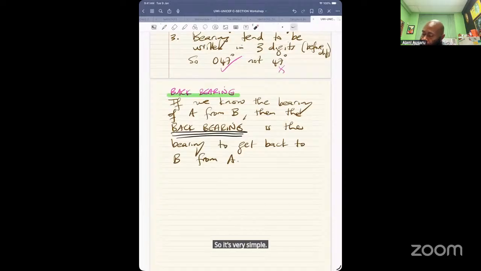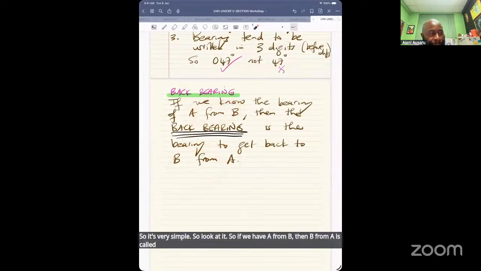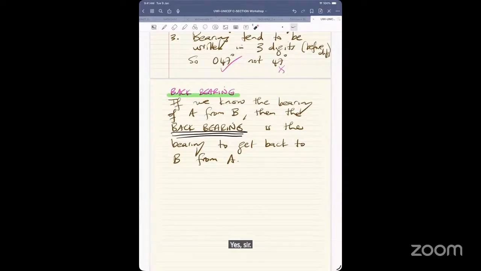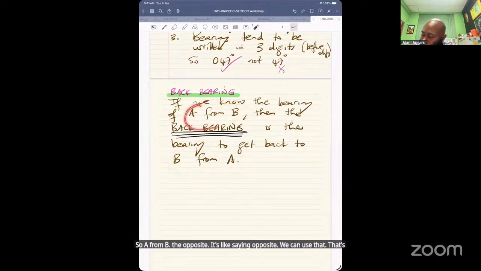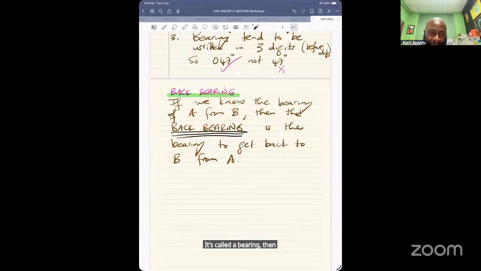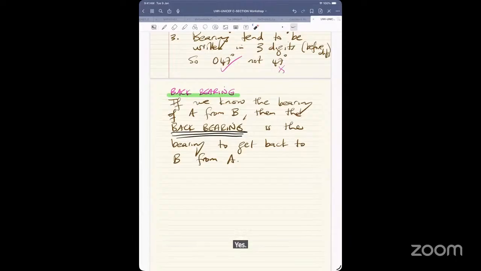If we have A from B, then B from A is called the back bearing. It's like saying the opposite. Or if you have B from A first, then A from B is the back bearing. Make sense?